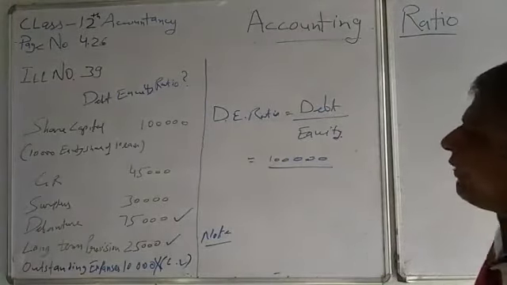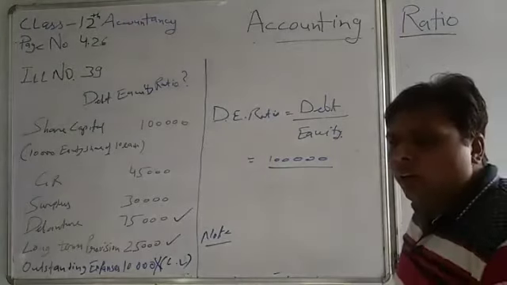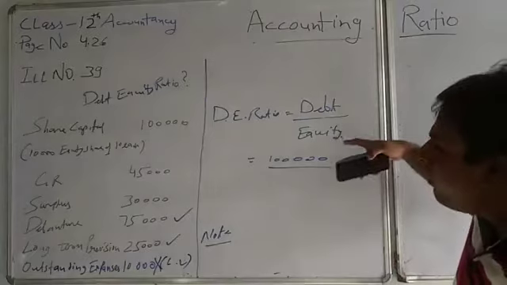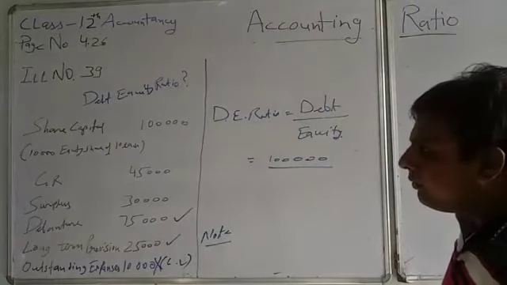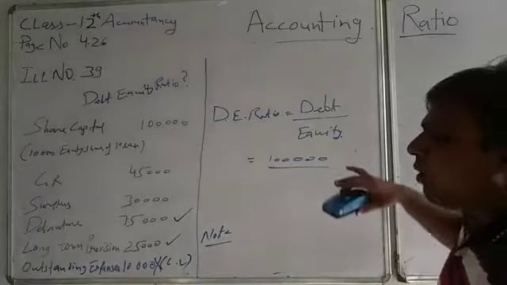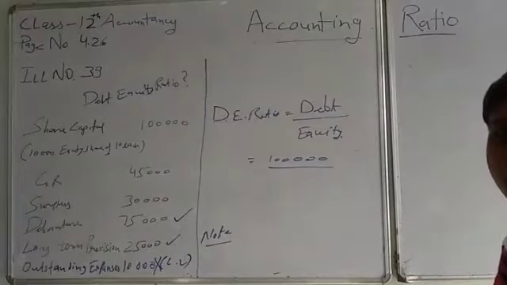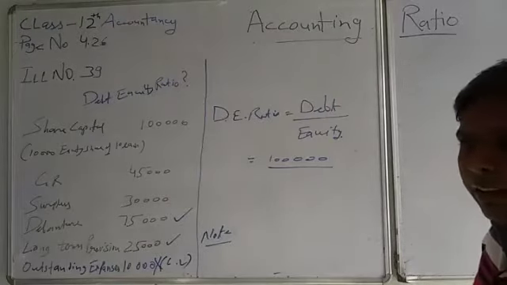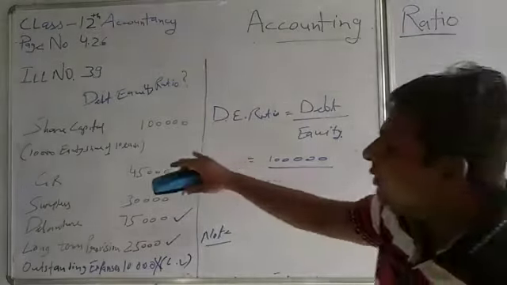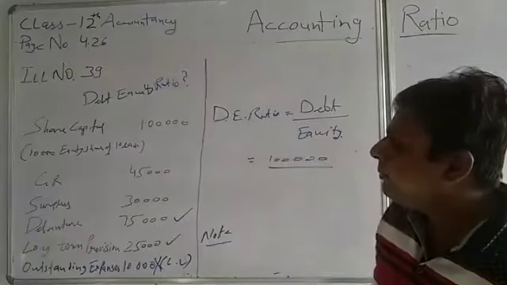Now, note number two. How to find out the equity? What is the equity? I already told you in my theory lecture how to find the equity: add all the assets and deduct from it all the current liabilities and all the long-term liabilities, and then your equity will become.